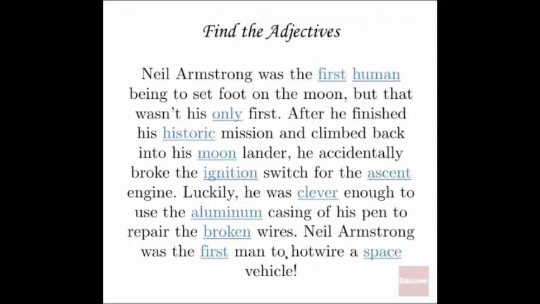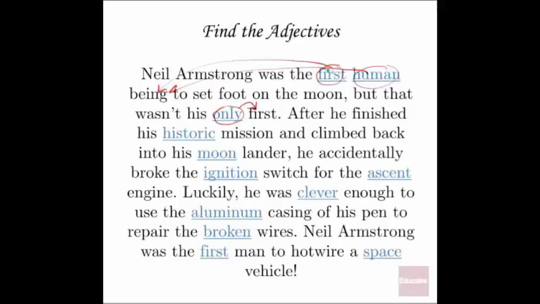There they are. Neil Armstrong was the first human, two adjectives modifying being, down on the next line, to set foot on the moon, but that wasn't his only first. Notice how first is an adjective up at the top, but it's a noun here, modified by the adjective only.